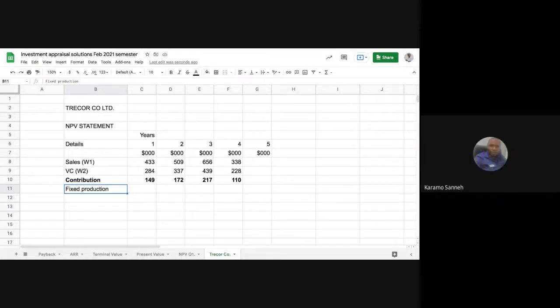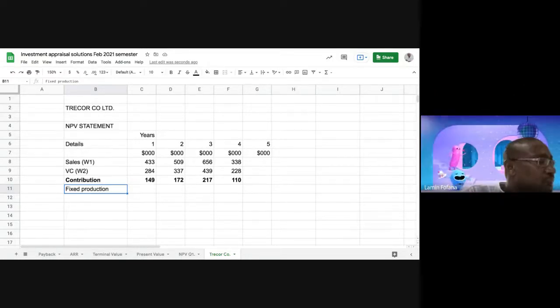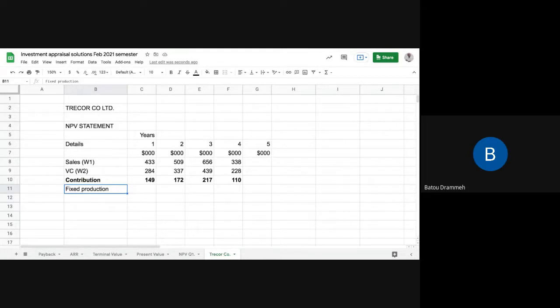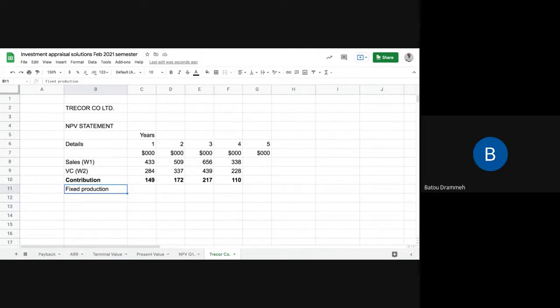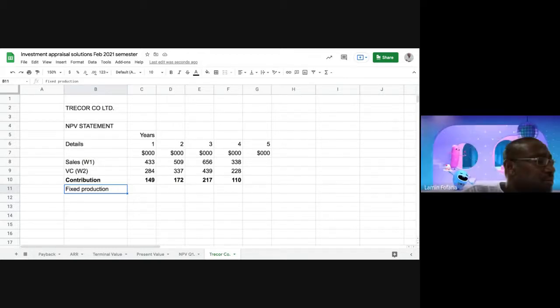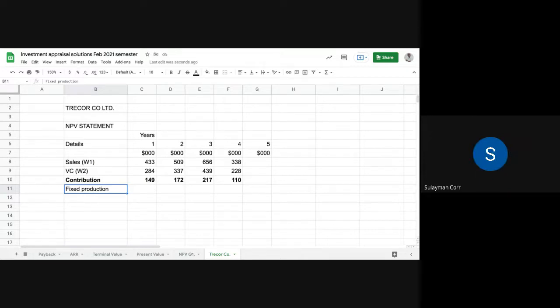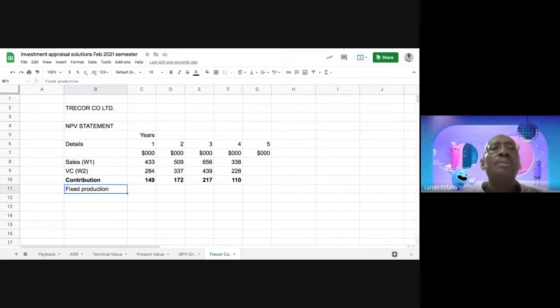It's 25,000. And it's going to increase by how many percent? 6%, guys. It's going to increase by 6% per annum.